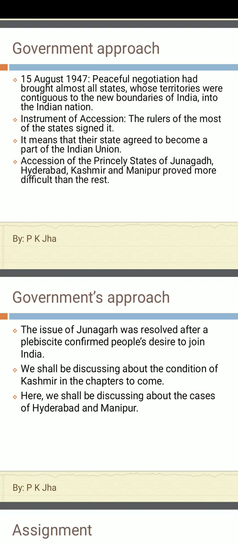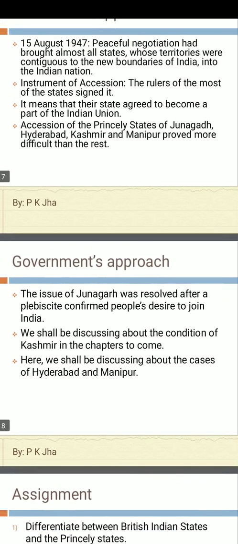Okay, then three were left: Kashmir, Hyderabad, and Manipur. About Kashmir, in fact, we will be discussing in the chapters to come. Here in this chapter, just after this, we will be discussing the problem of two princely states in particular.